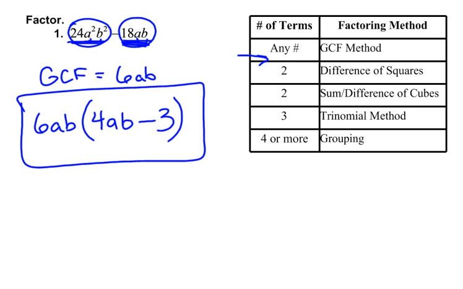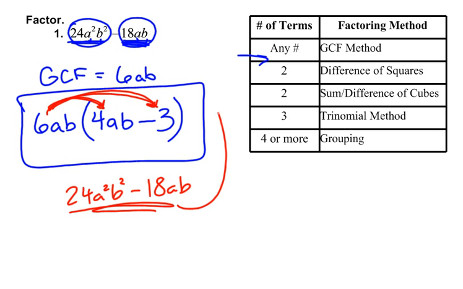Now again, like we've said already in class, it's important to understand that if I was to multiply this back out, which we don't have to do, that would give me 6ab times 4ab would be 24a squared b squared, and 6ab times minus 3 would be minus 18ab. Of course, that's what we started with up here.